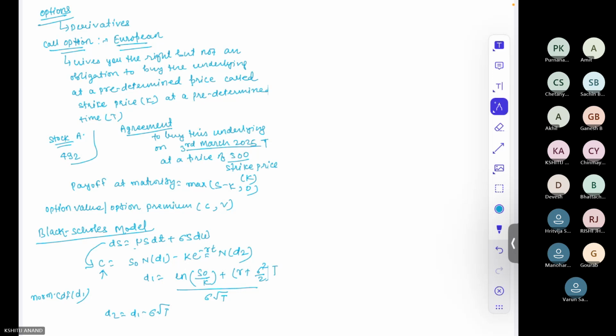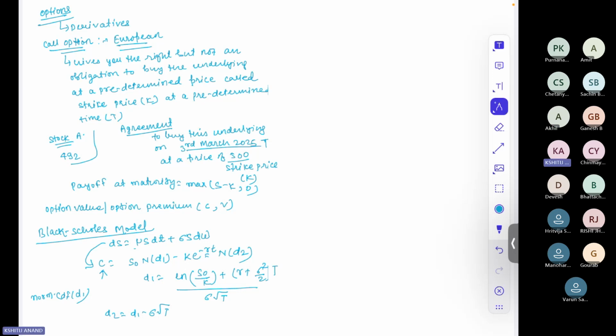Okay. Any other doubt, folks? Kshitij, I just wanted to ask, for this project's point of view, should we dig deep into the derivation of the call option price formula from geometric Brownian motion, or is it fine if we just remember the formula and apply it in our project?